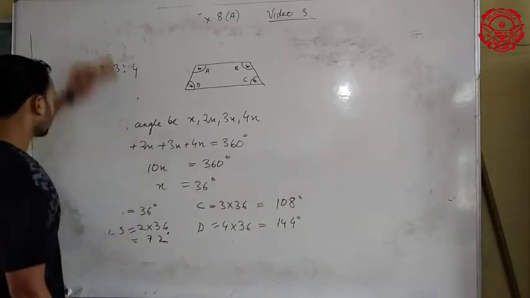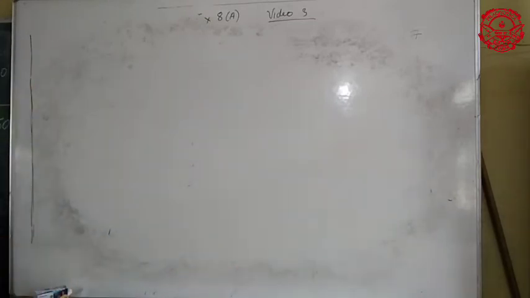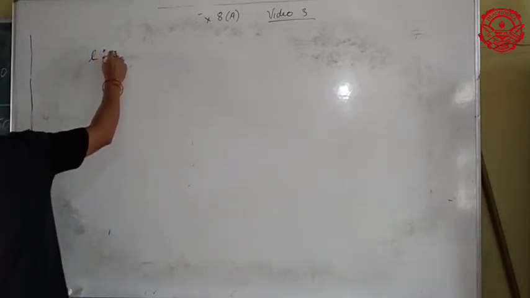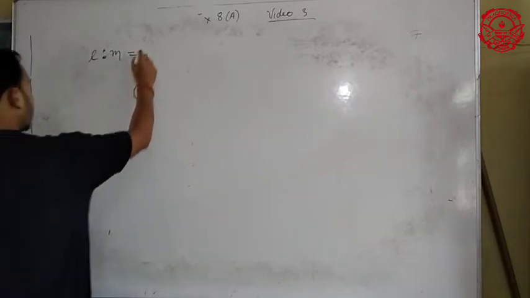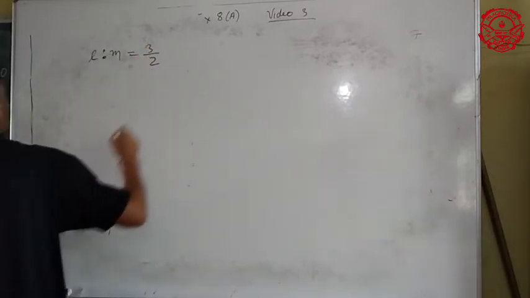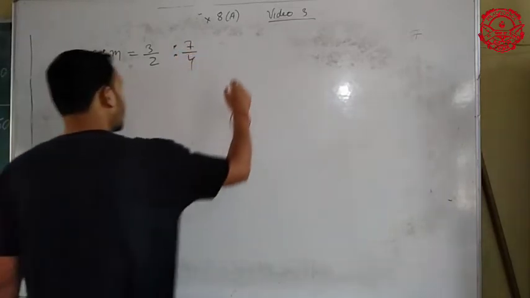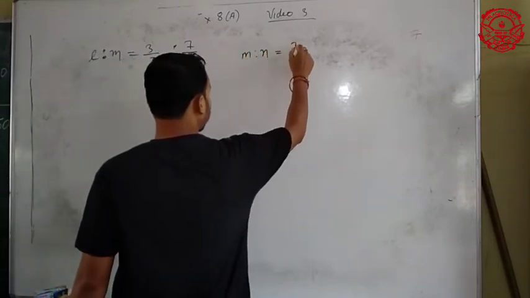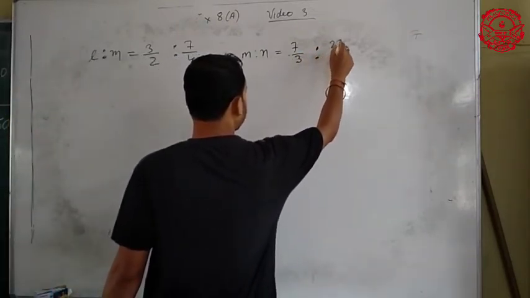Question number 9 says there is a particular ratio: L is to N is 3 by 2 is to 7 by 4, and M is to N is 7 by 3 is to 21 by 5.